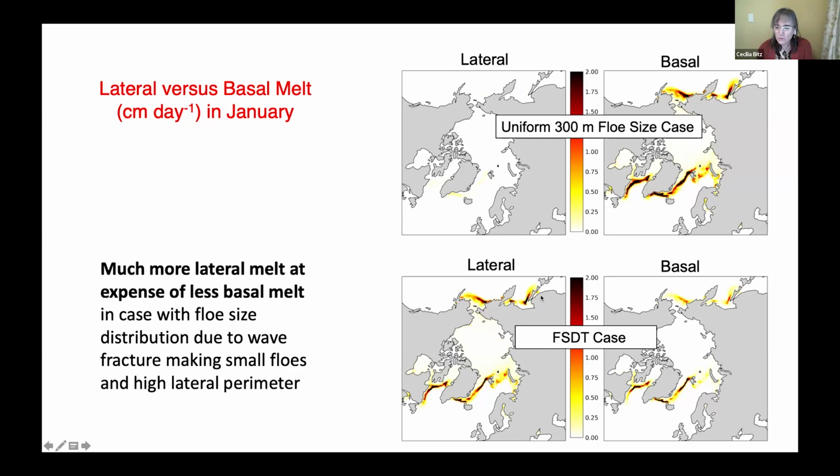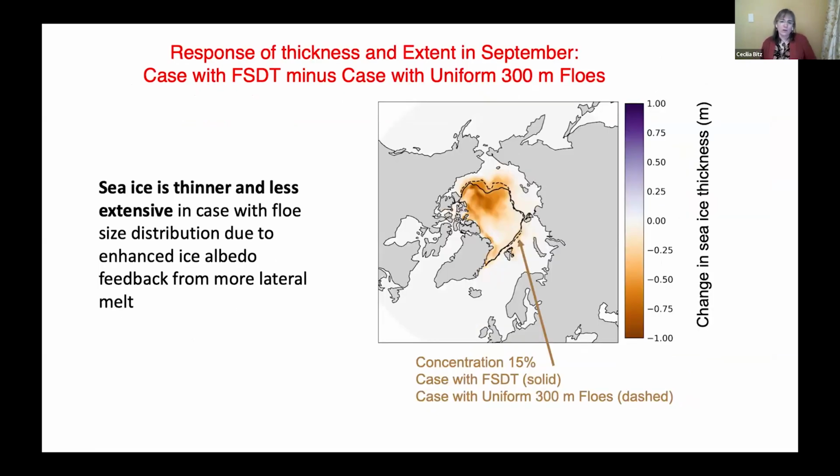But once we start to simulate a flow size distribution with flow sizes that are small at the ice edge, we get much more lateral melt. In fact, more lateral melt than basal melt, and ultimately less sea ice concentration in those regions. It also has consequences for sea ice thickness, with generally a reduction in the thickness with the flow sizes that are resolved, compared to or parameterized relative to this 300-meter uniform flow size.